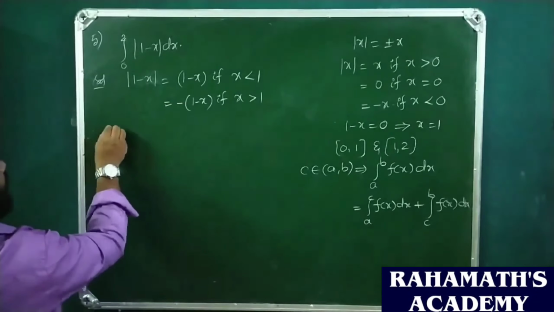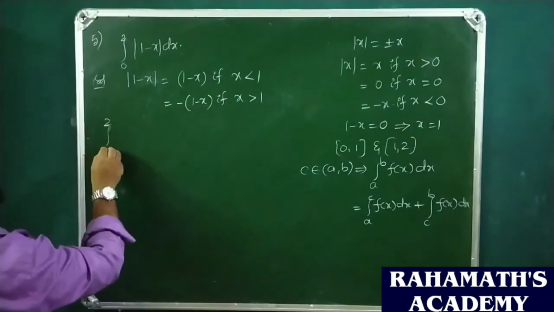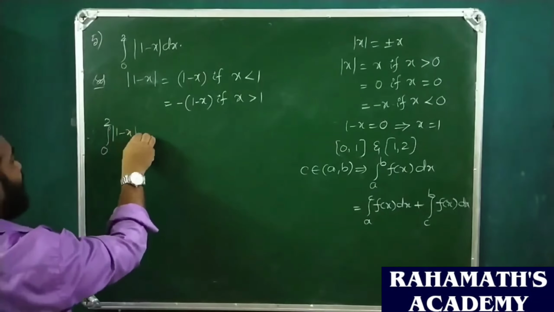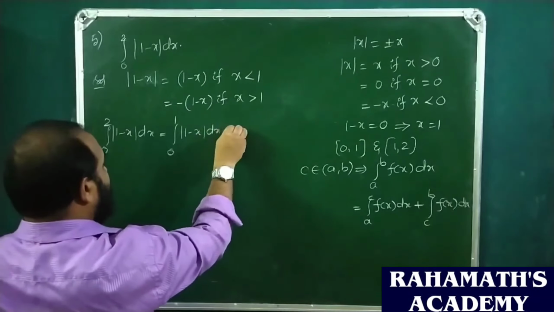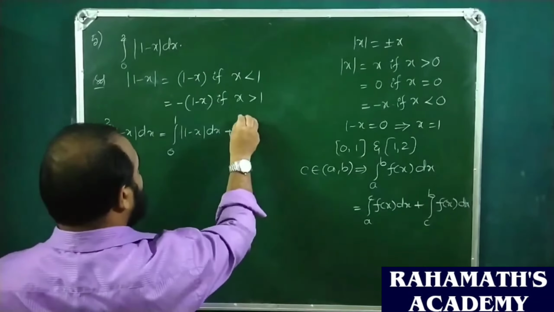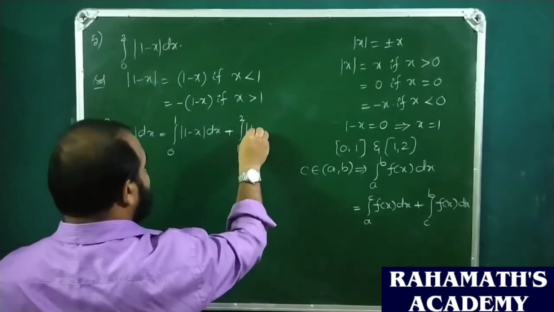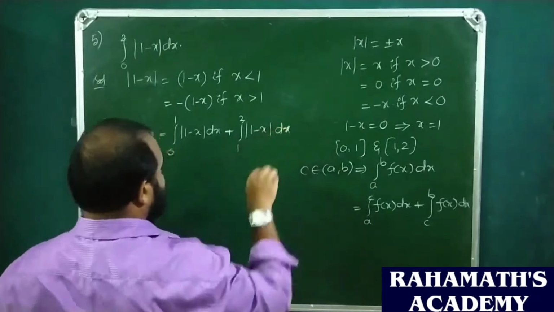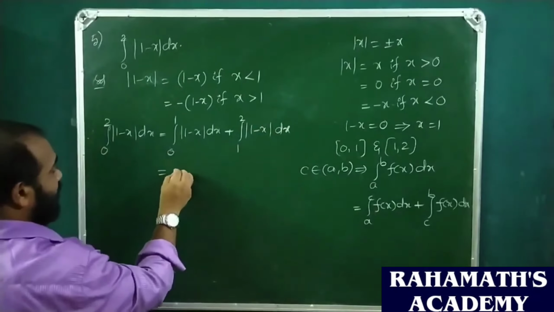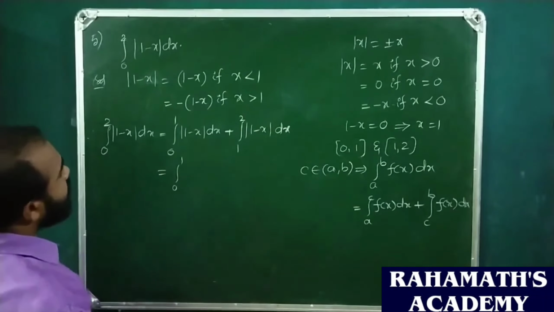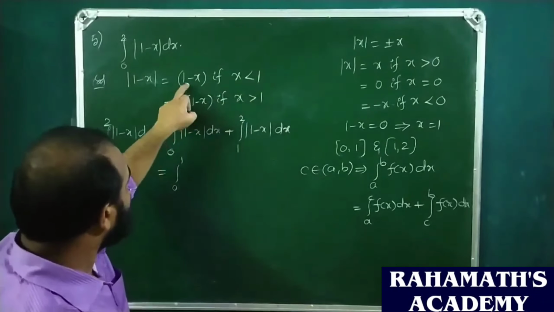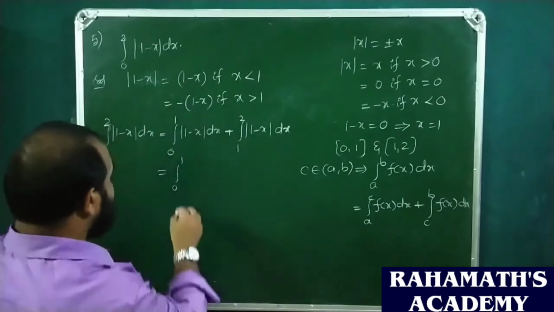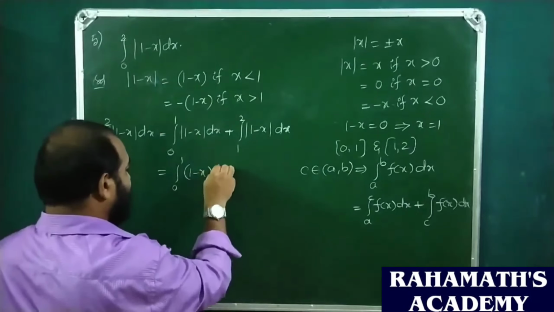Therefore, the integral from 0 to 2 of modulus of 1 minus x dx equals the integral from 0 to 1 of modulus of 1 minus x dx plus the integral from 1 to 2 of modulus of 1 minus x dx. 0 to 1 means less than 1, so this value is 1 minus x dx.